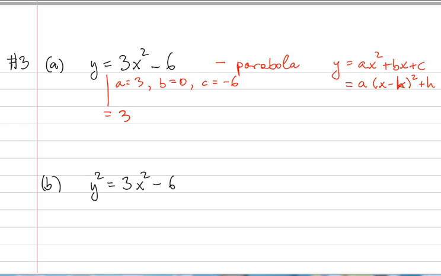So this would be 3 times x minus 0 squared minus 6, and therefore the vertex is the point 0, negative 6. Okay, so it's a parabola because y is a linear term in this equation, and x is quadratic in this equation. This is neither parabola nor circle.